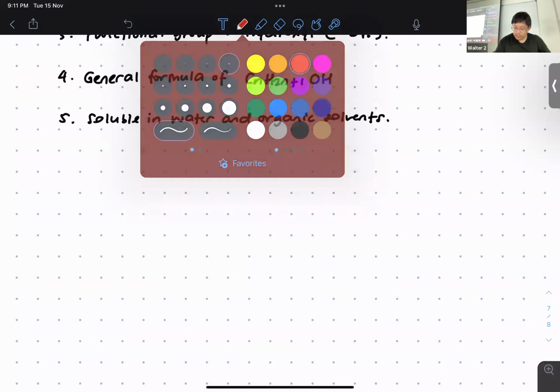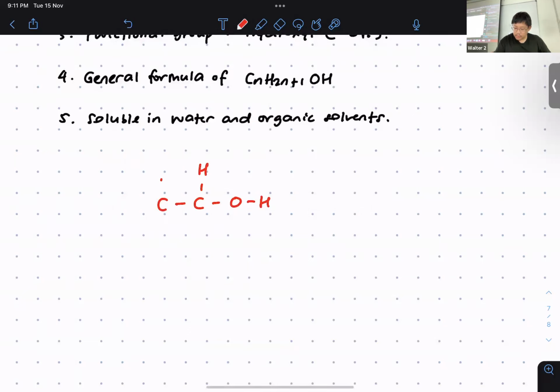And when water comes near, the hydrogen atom of the alcohol group can form a hydrogen bond with the oxygen from the water molecule.